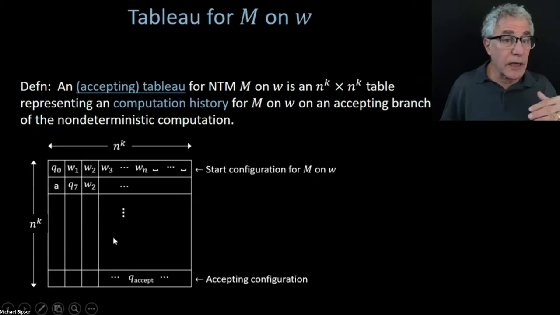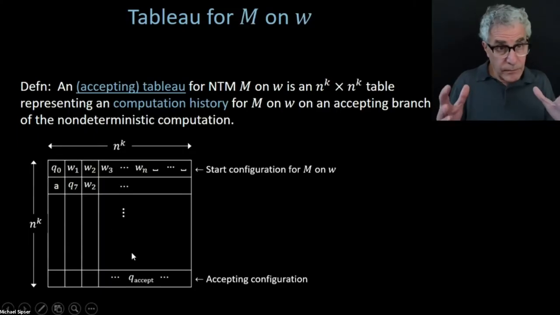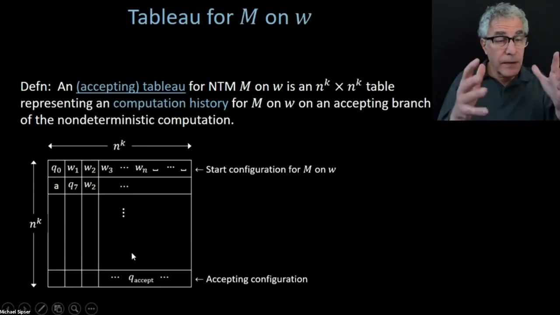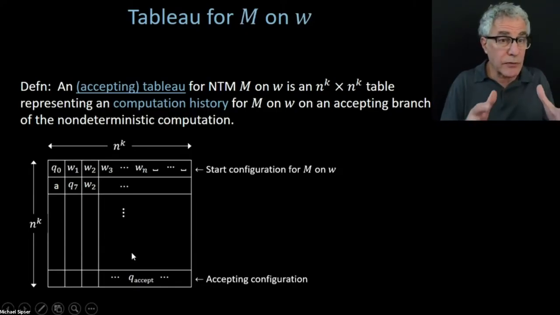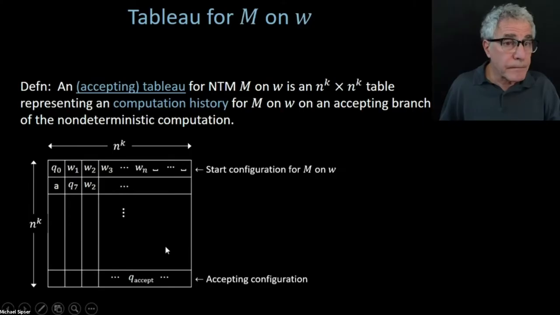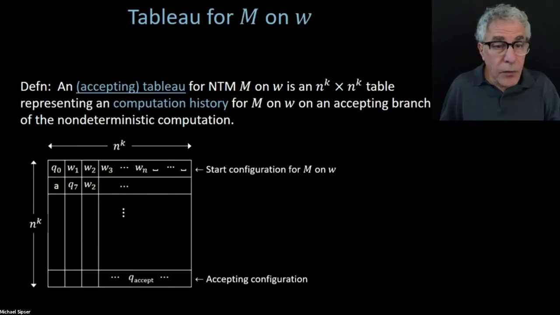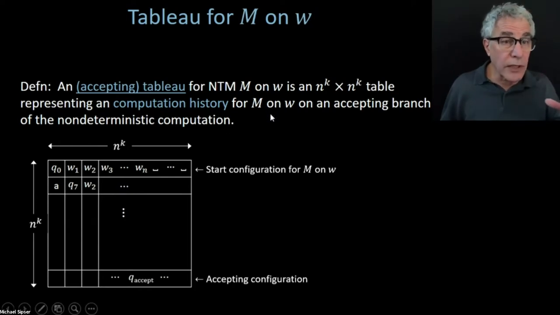So this is big enough to represent the entire computation of M, assuming it's running for n to the k time, and the input W is of length n. All right. What is k? So k is the running time of the machine. We assumed from the previous slide that M runs in time n to the k.